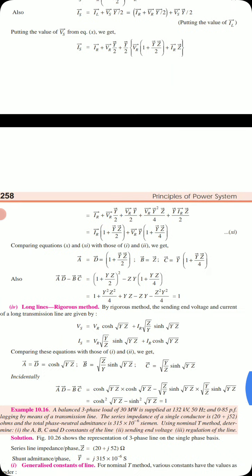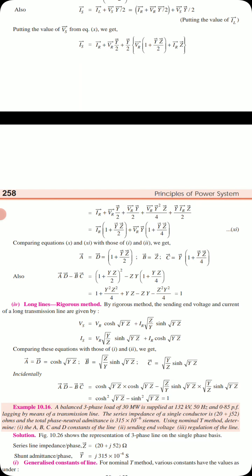Next is the long transmission line. Those equations we also know. Vs is equal to VR cosh of square root of YZ plus IR into square root of Z by Y into sinh of square root of YZ, and IS is equal to VR into square root of Y by Z sinh of square root of YZ plus IR into cosh of square root of YZ. So it is very simple now.